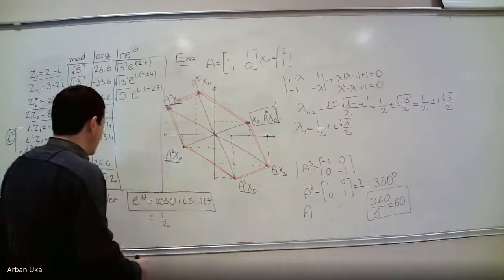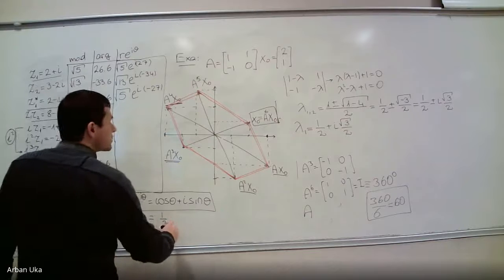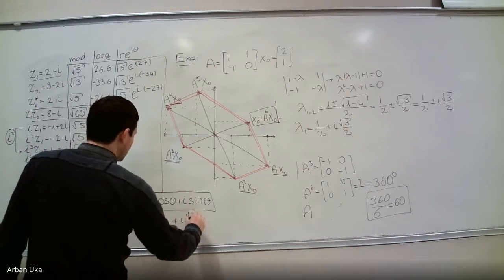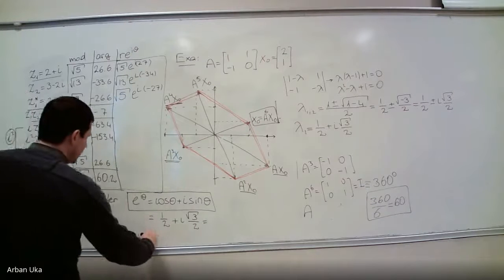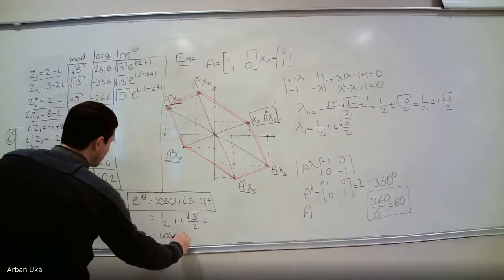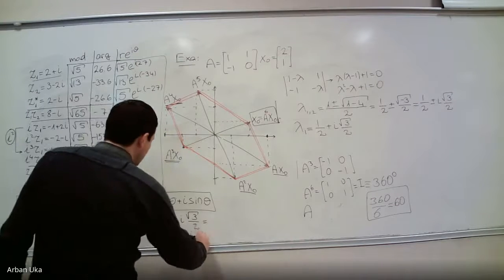Which angle has a sine square root of 3 over 2? 60 degrees. So we can write this one as cosine 60 plus i times sine 60.